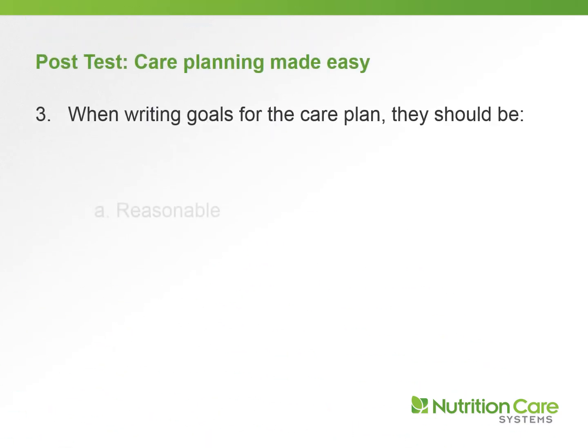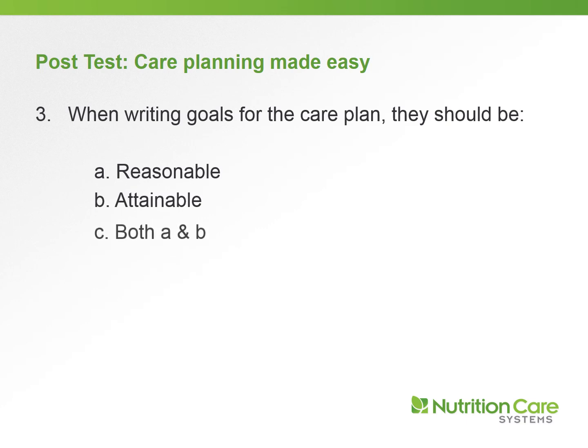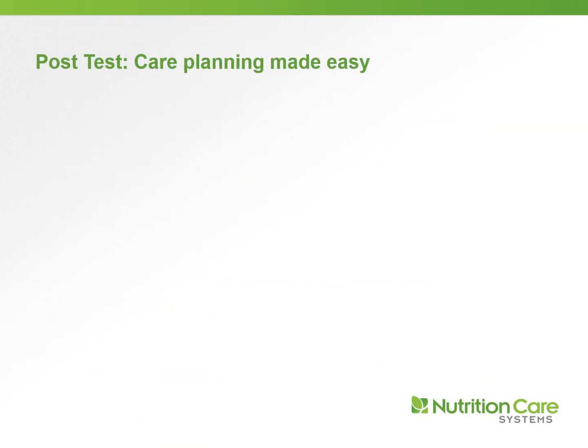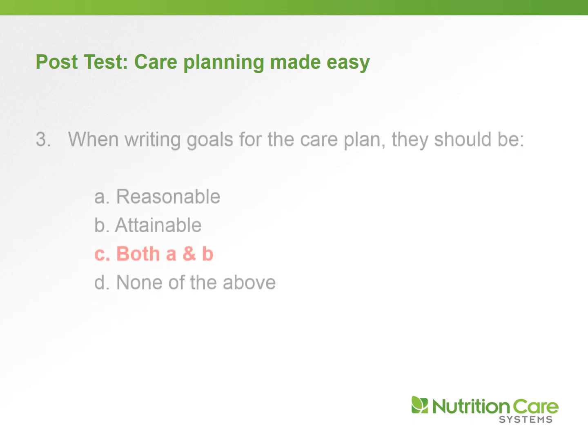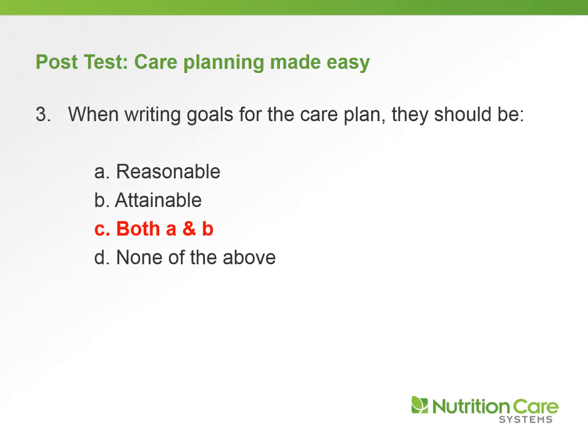Question number 3, when writing goals for the care plan, they should be A, reasonable, B, attainable, C, both A and B, or D, none of the above. And the answer to question number 3 is C, both reasonable and attainable.